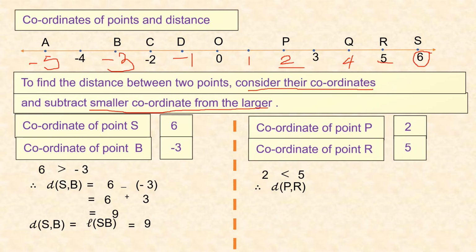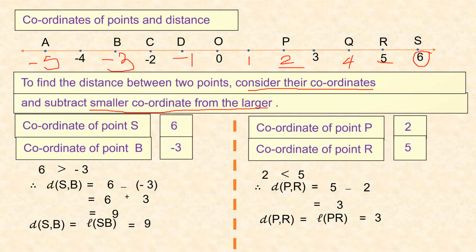Therefore, distance between point P and R is equal to 5 minus 2 is equal to 3. Therefore, distance between point P and R is equal to length PR is equal to 3.